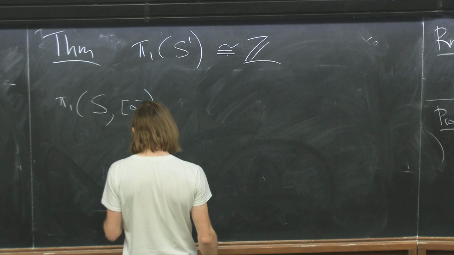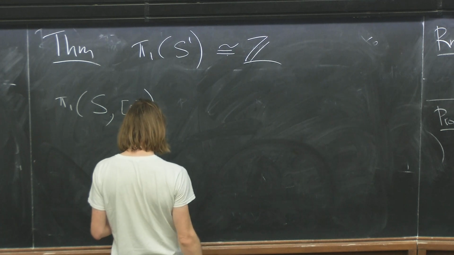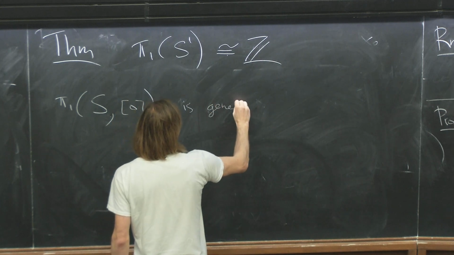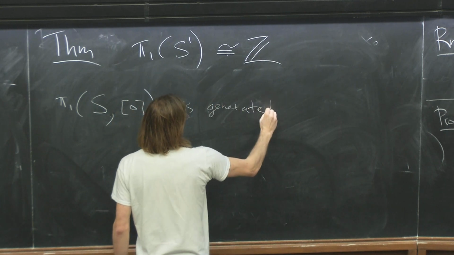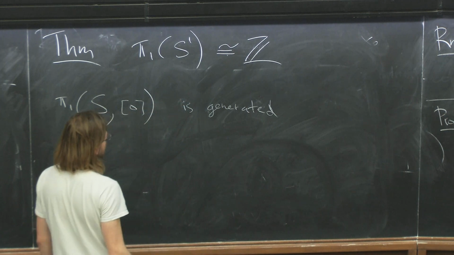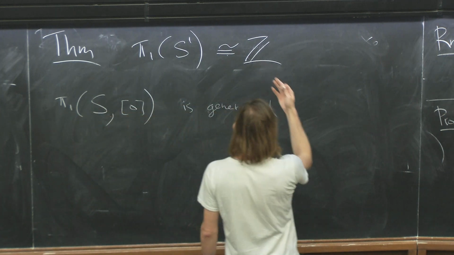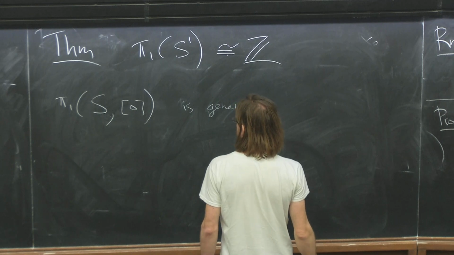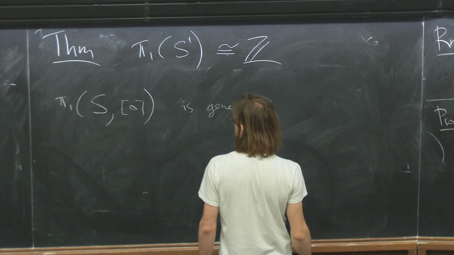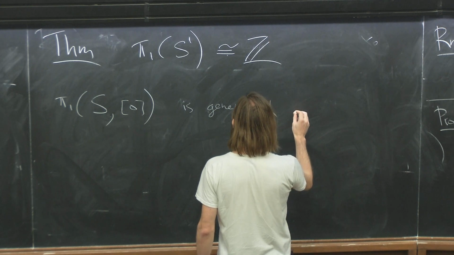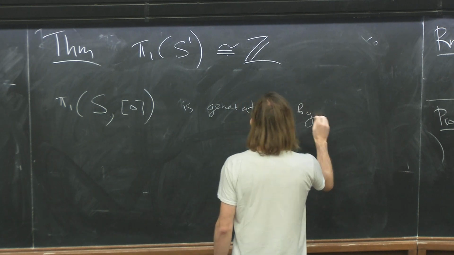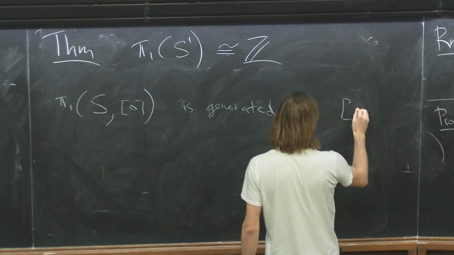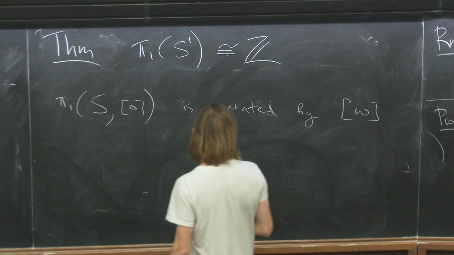And then one can make an additional statement that this group is generated by a class of a certain loop omega.